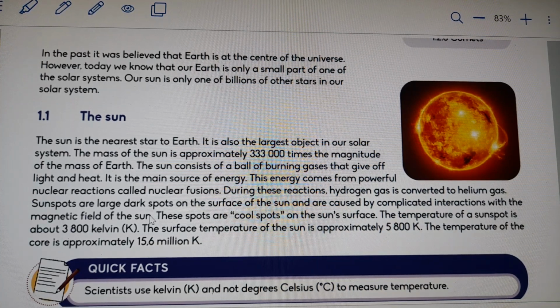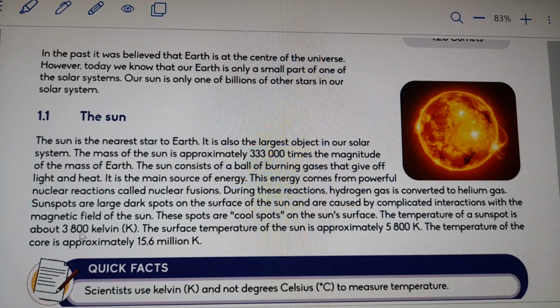Sunspots are large dark spots on the surface of the sun and are caused by a complicated interaction with the magnetic field of the sun. The sunspots are cool spots of the sun's surface. The temperature of a sunspot is about 3,800 Kelvin, and the surface temperature of the sun is about 5,800 Kelvin.